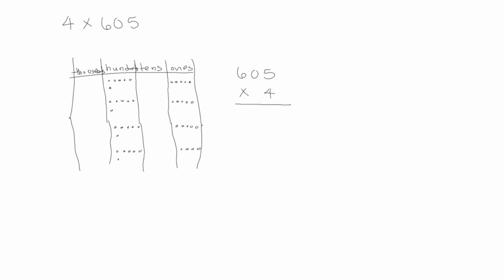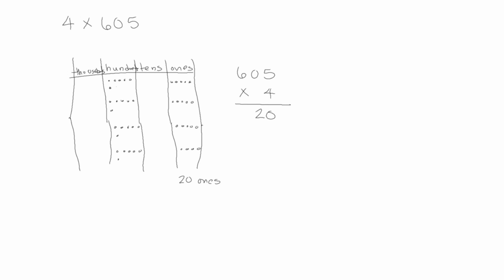We're going to start with the ones. We have 5, 10, 15, 20 ones. So we're going to record that as our partial product. We don't have anything in the tens column. We're going to go to the hundreds.